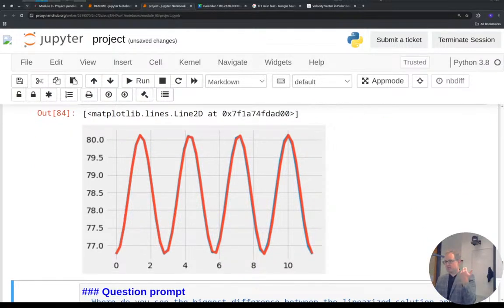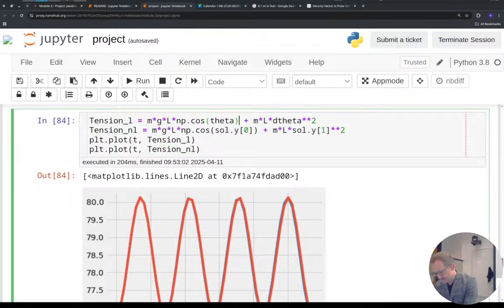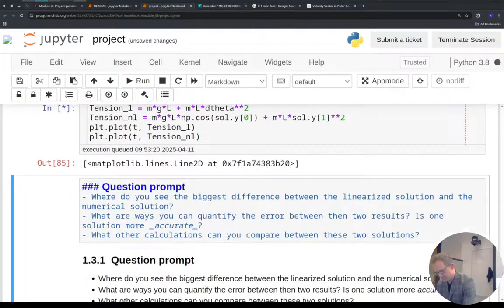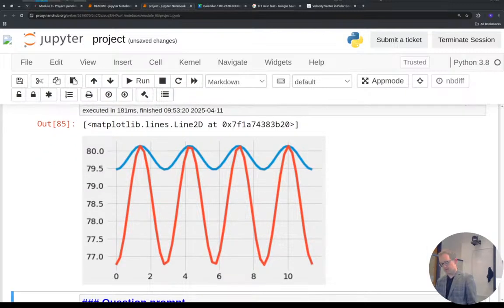And there, for small angle, we should see tension is tension. There's no magic here. There should be a difference if we ignore that cosine term, but again, it's not a huge difference.